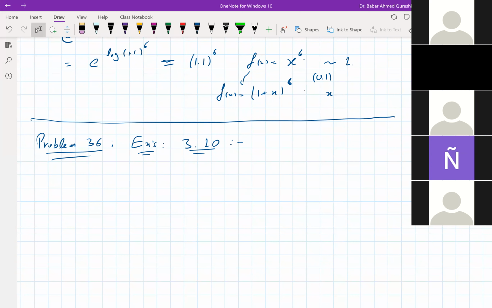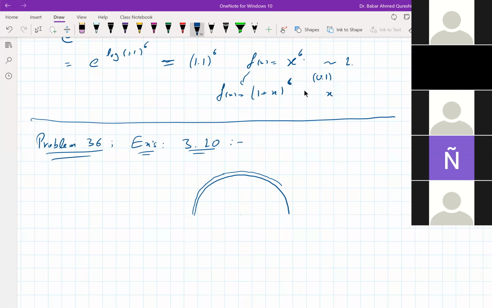It says, use differentials to estimate the amount of paint needed to apply a coat of paint 0.05 centimeter thick to a hemisphere dome with diameter 50 centimeters. So you have a hemisphere dome like this, and you want to apply a coat of paint to it.